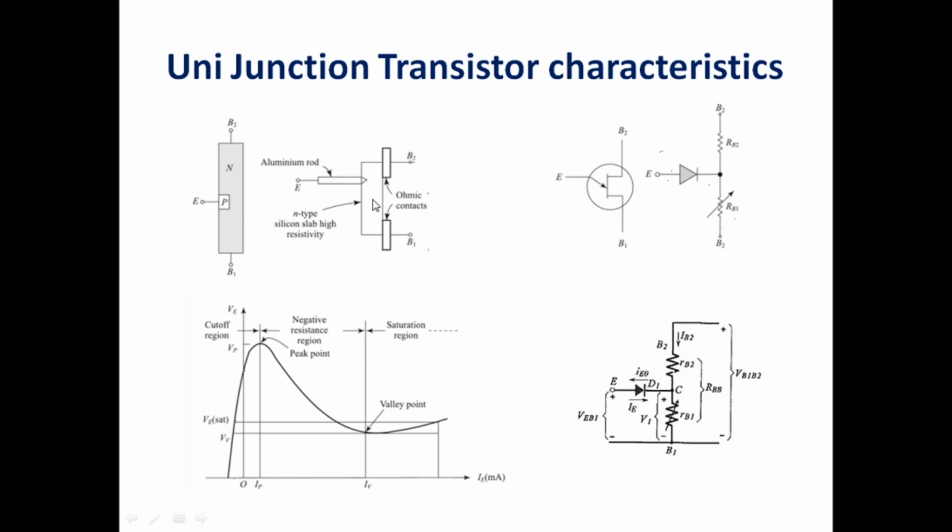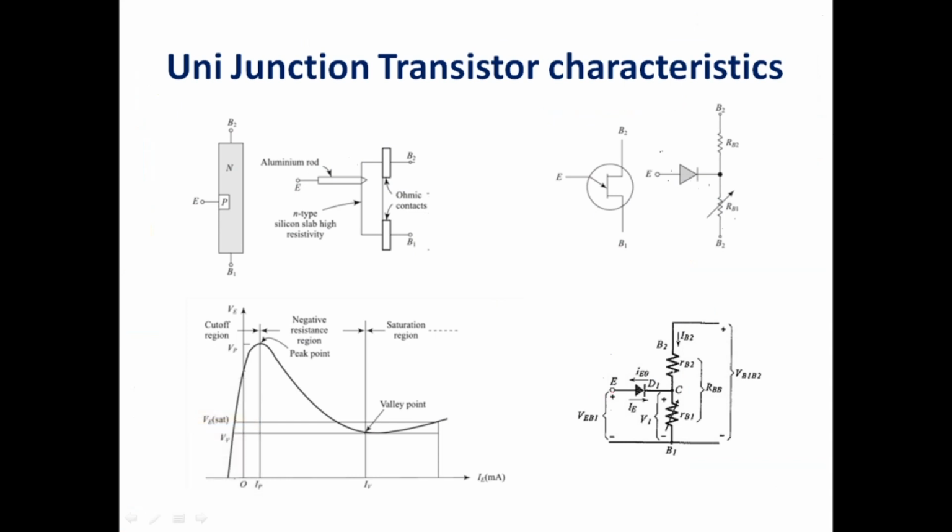The resistance offered by the lower layer we have shown as variable because if you connect a power supply to the emitter and base 1 and forward bias this diode, I will show you using this marker.